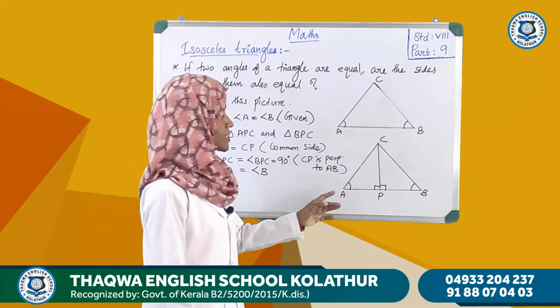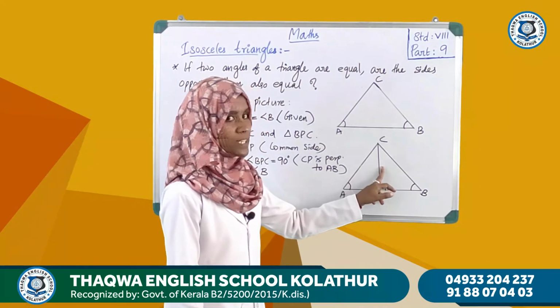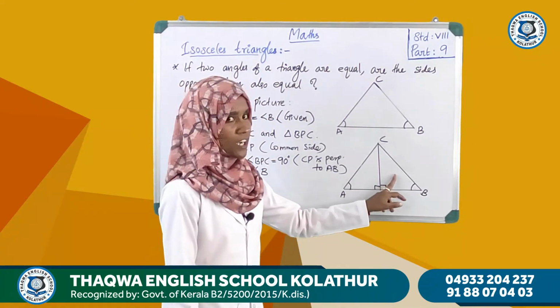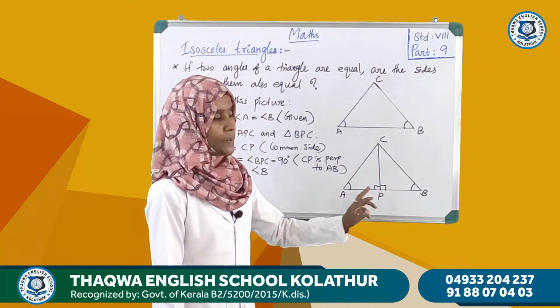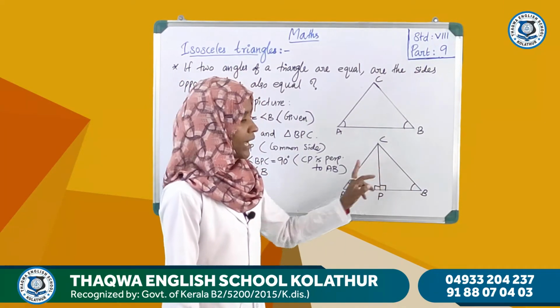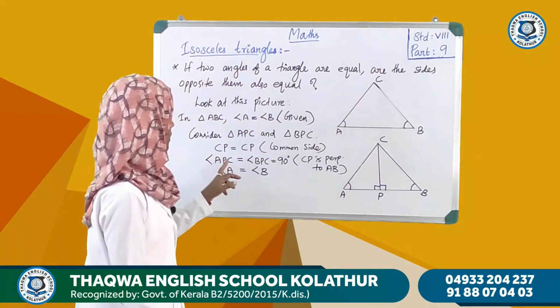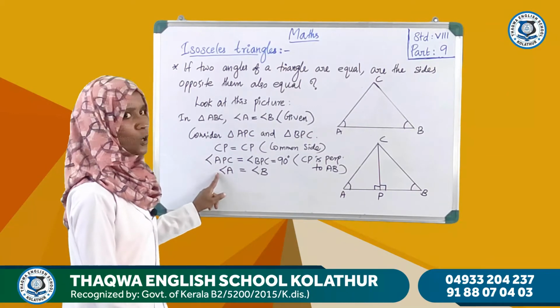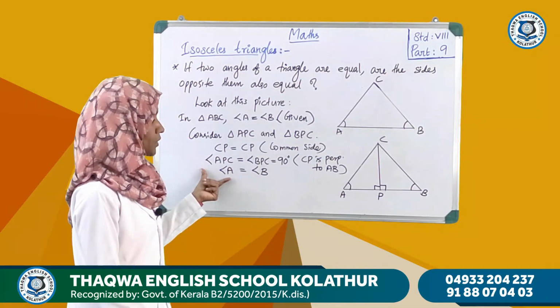Now what do we get? In triangle APC and triangle BPC, CP is the common side of both triangles. Angle APC equals angle BPC, and angle A equals angle B. Now we have two pairs of angles equal.